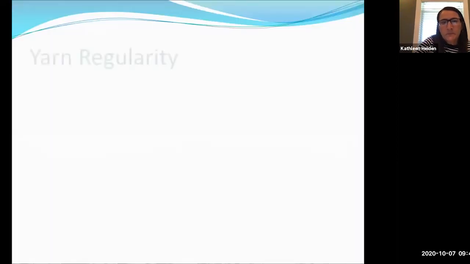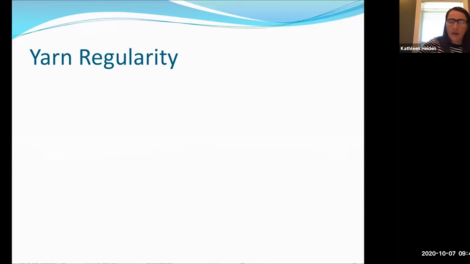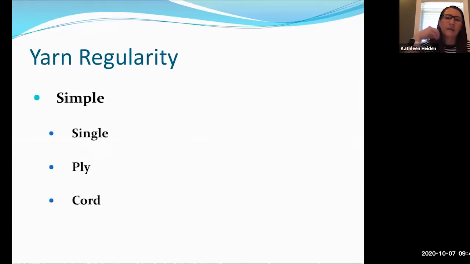All right, so then we also look at yarn regularity. Okay, and yarn regularity, this is where we begin to break them into our categories of simple or complex or composite.